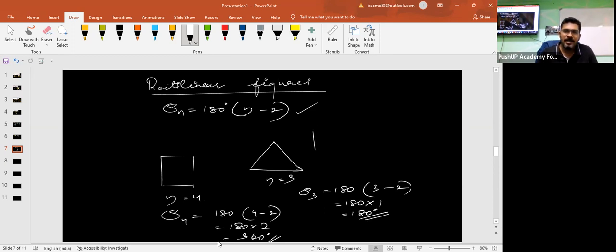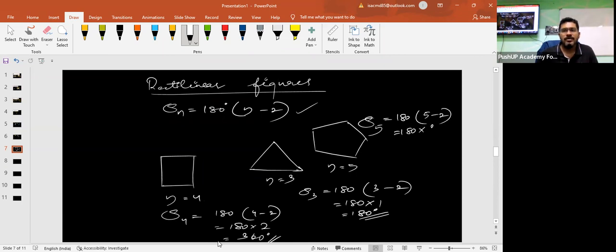What if it was a pentagon? 1, 2, 3, 4, and 5 angles, isn't it? If it was a pentagon, then how would you find the sum of all the 5 angles of this pentagon? 180 into 5 minus 2, that is equal to 180 into 3, and that is equal to 540 degree, right?